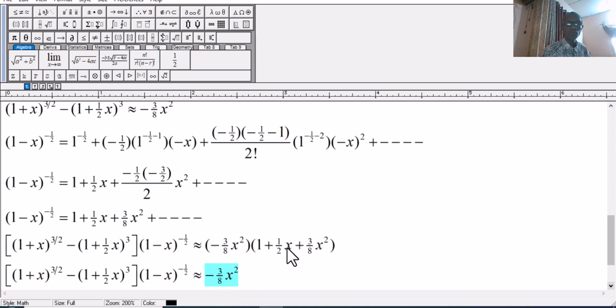Now if you use this to multiply, it will give you x cubed. Use x squared times x, that will give you x cubed, and the question says that we should ignore anything x cubed. So our final destination is this one. If you use this x squared to multiply x squared, it will give you x raised to the power 4, so you can ignore it. So this is how to go about solving this question.